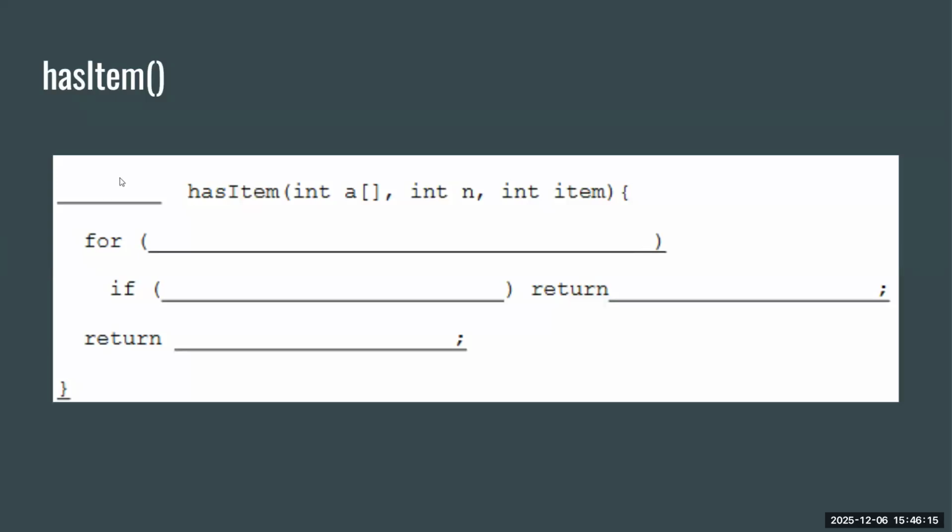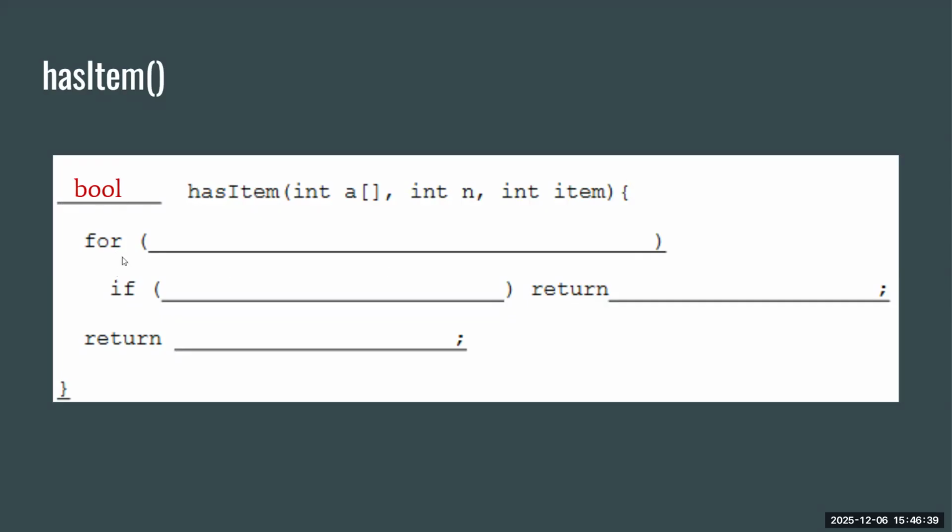So since we're returning a Boolean, what do we want to put as the return value here? What is the keyword? Yeah. So this hasItem function is going to return a Boolean.